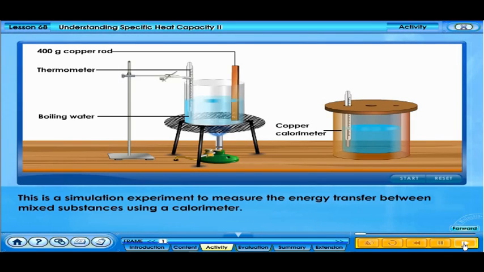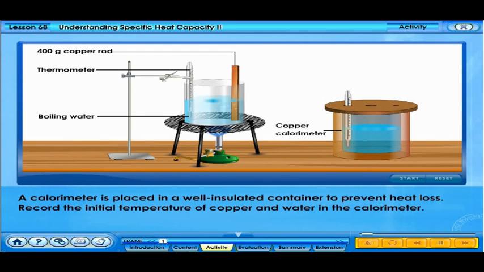This is a simulation experiment to measure the energy transfer between mixed substances using a calorimeter. A calorimeter is placed in a well-insulated container to prevent heat loss. Record the initial temperature of copper and water in the calorimeter.